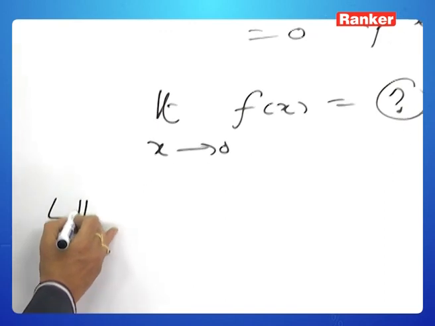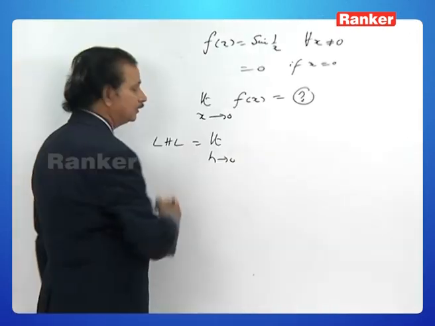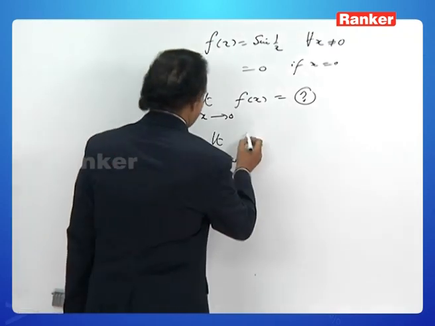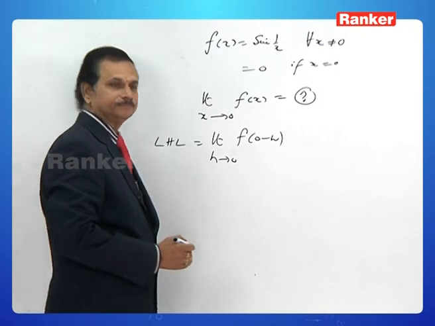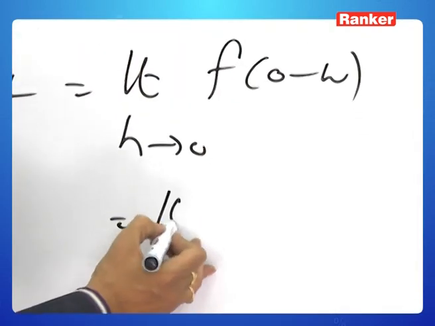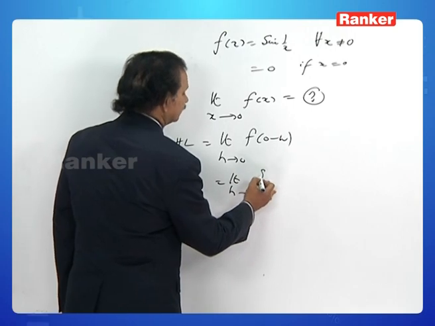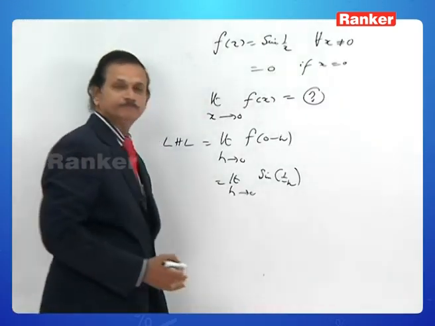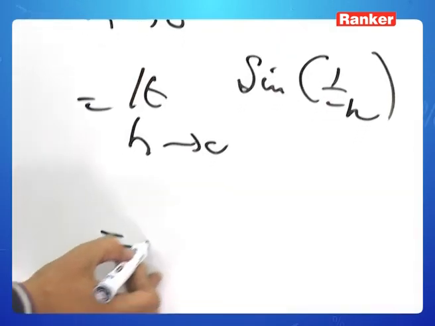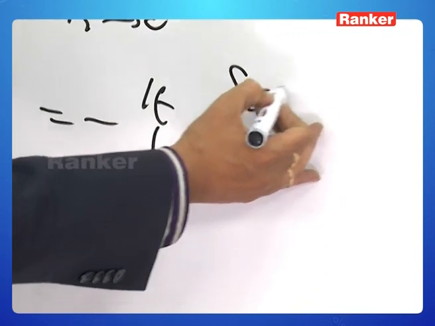Left hand limit. Limit as h tends to 0 of f of 0 minus h is equal to limit as h tends to 0 of sine of 1 by minus h, which is equal to limit as h tends to 0 of sine 1 by h.